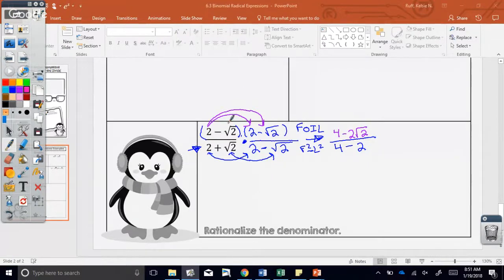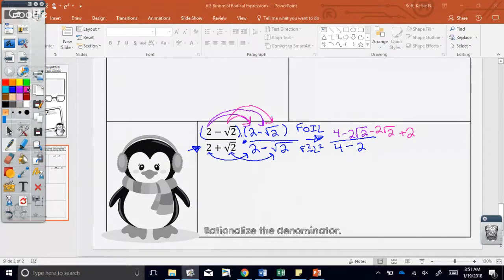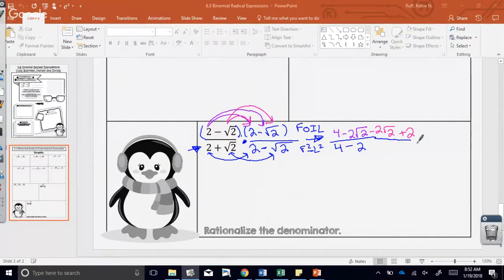Come to the inside, negative root 2 times 2 is again negative 2 root 2. And negative root 2 times negative root 2 is a positive 2. And we're now going to combine like terms and see what we can clean up.